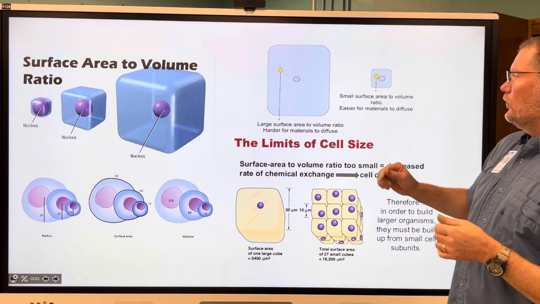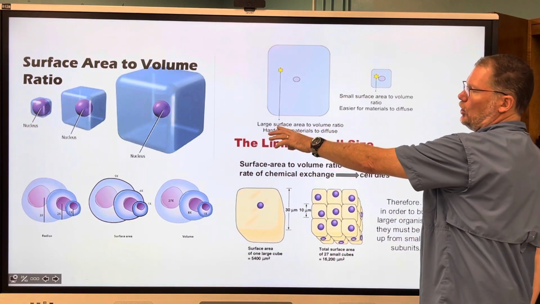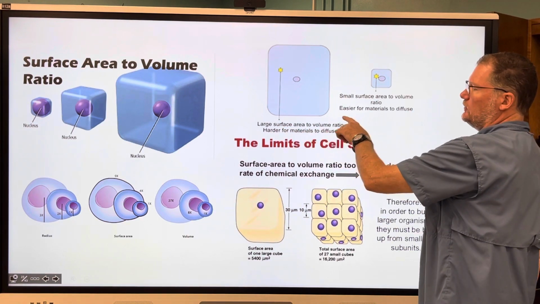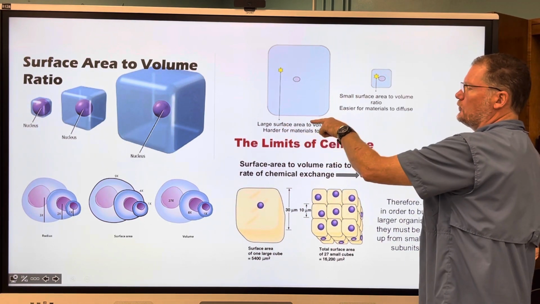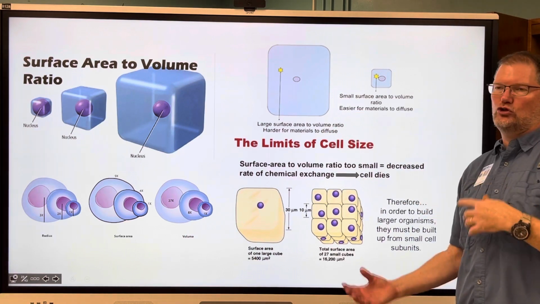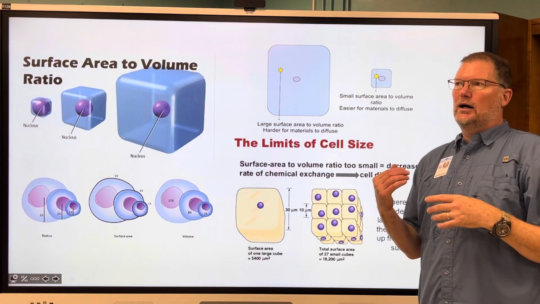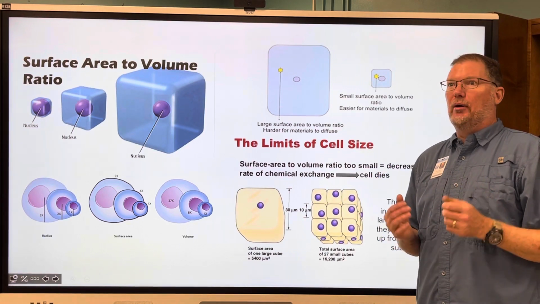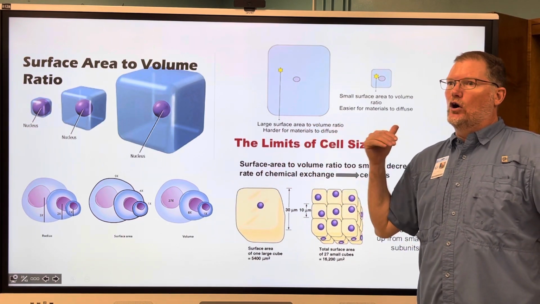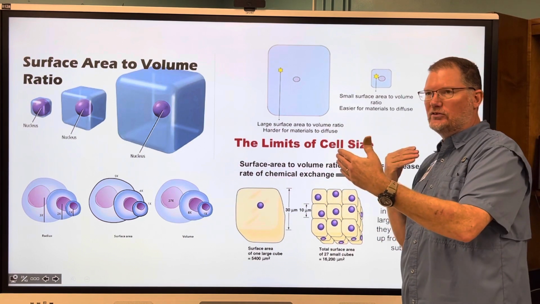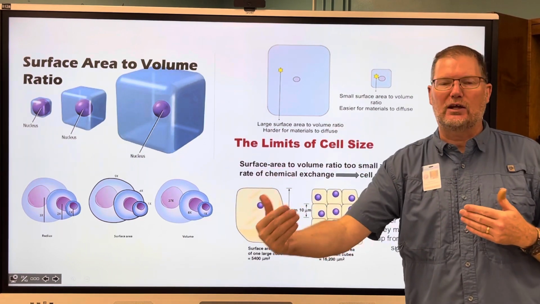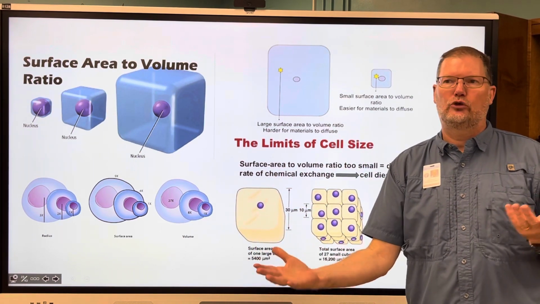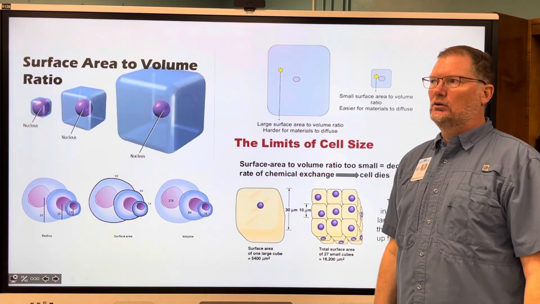And so the point here is the larger the surface area to volume ratio, the harder for materials to diffuse in. And I'm going to show you how we can see this. And it makes sense, right? I mean, the bigger something is, the harder it is to get something from the outside farther inside. You could consider this classroom.